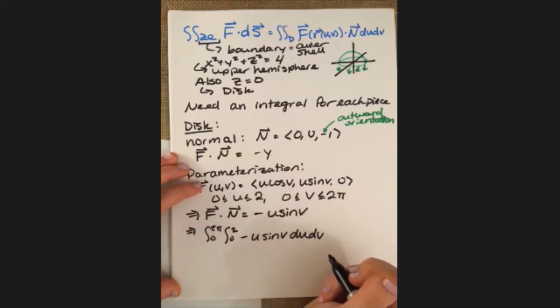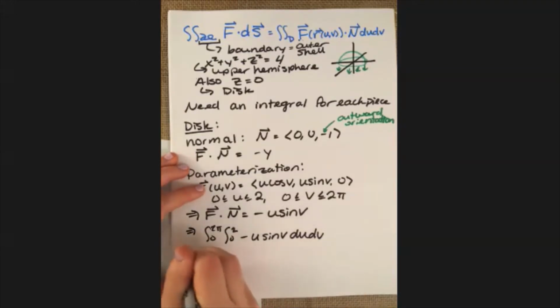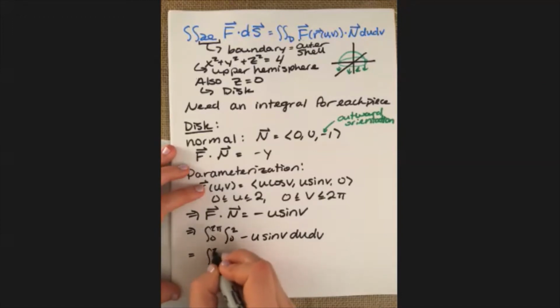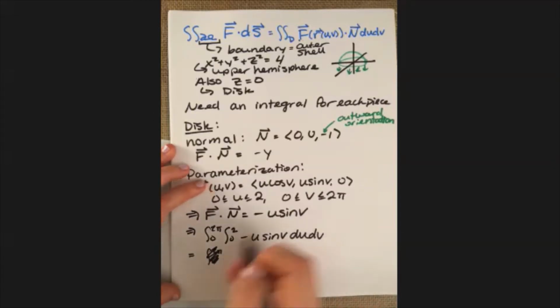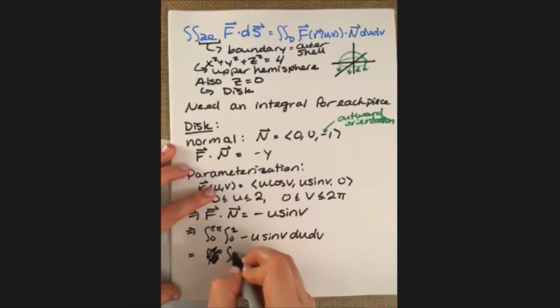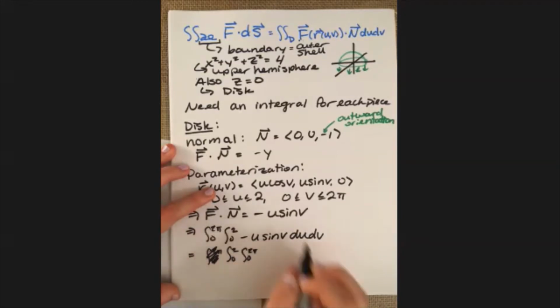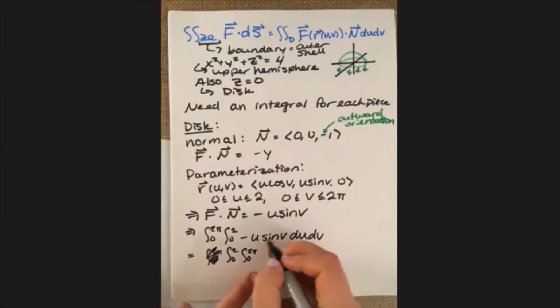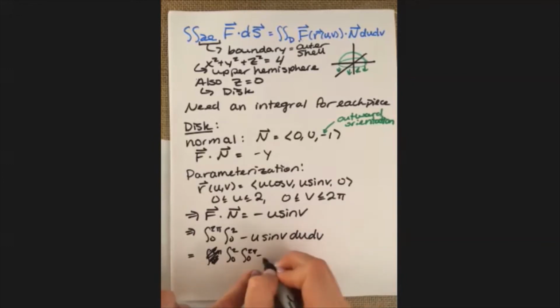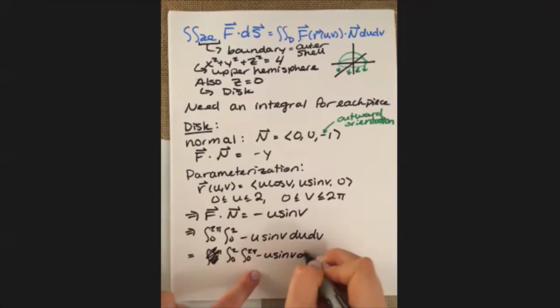And this is really just equal to, I'm actually going to swap my order of integration here. So I have 0 to 2, integral from 0 to 2 pi, which I can do freely since my bounds are independent of each other. Negative u sine of v dv du.